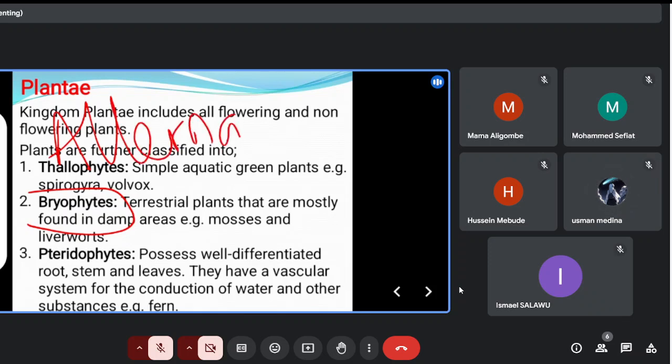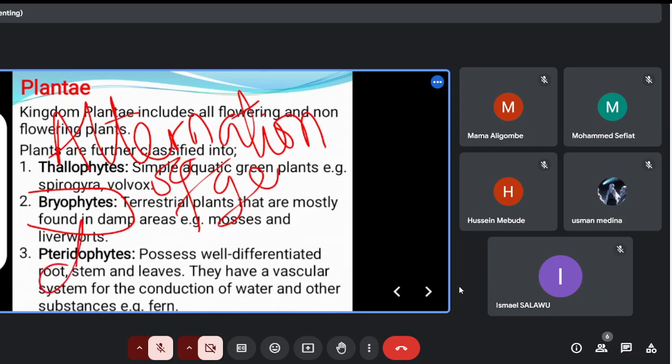That is one of the major features that classifies them as bryophytes and pteridophytes. Then I mentioned that alternation of generation is the process by which they complete their reproductive cycle in two stages, which are the diploid stage, known as the sporophyte or sporophytic stage.